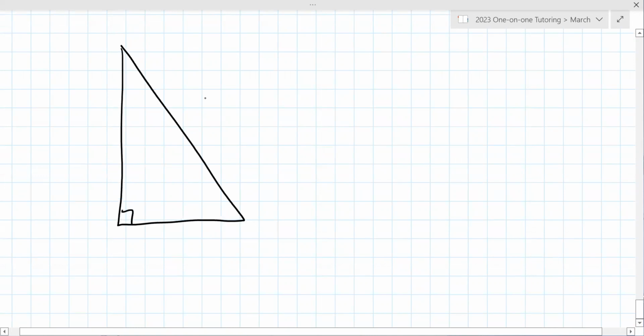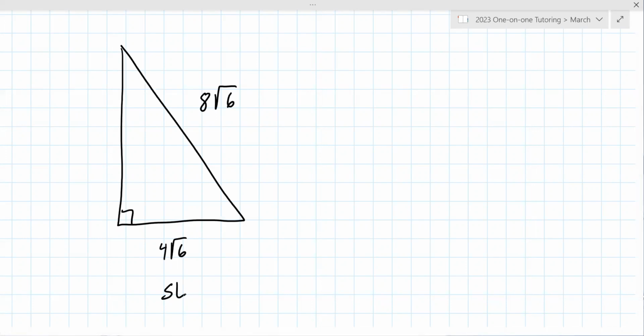Okay, so let's try another one here. Let's say I tell you that this is 8 square root of 6. It'd be 4 square root of 6 on the lower end, the short leg, and then it would be 4 square root of 18 on the long leg.